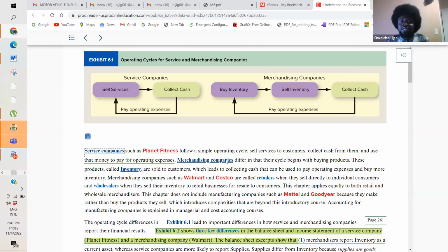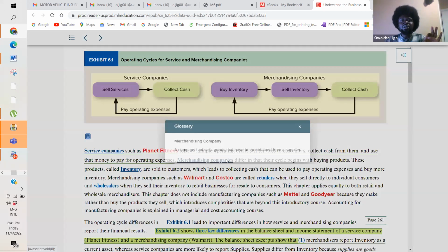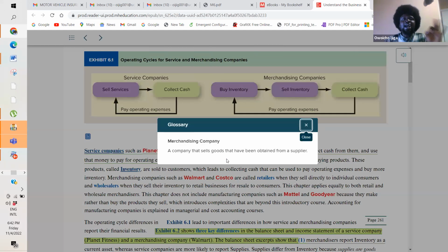But let's look at the merchandising company. The merchandising company is a company that sells goods that have been obtained from a supplier. So they buy from a supplier and then resell.